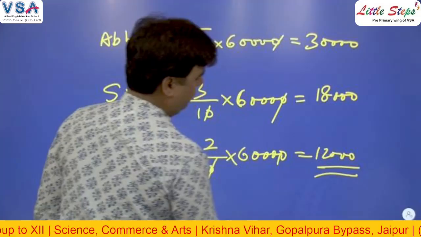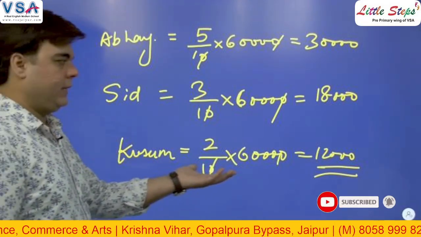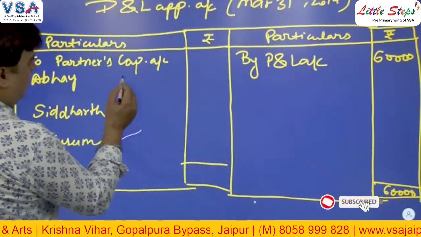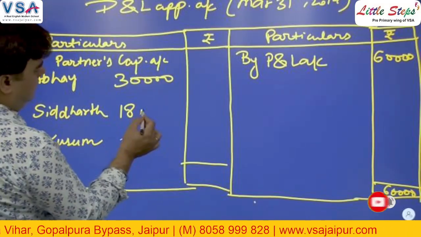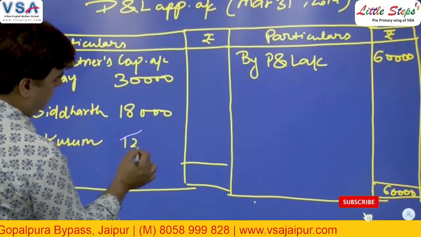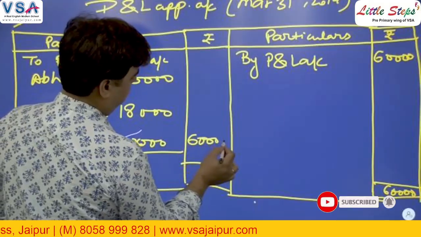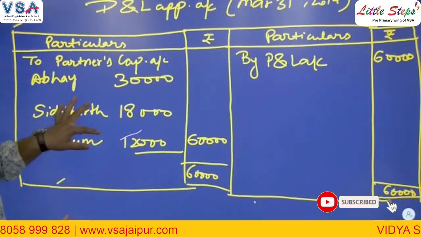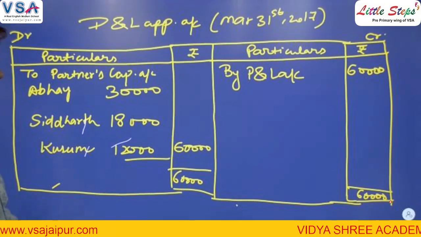So is there any deficiency? Is there any deficiency? A 10,000 guarantee was given. Kusum is getting 12,000. So simply we'll have 30,000 here, then 18,000 here, and 12,000 here. Whole sum up to 60,000. Again here 60,000. And this is how we'll simply have the solution for this question also.